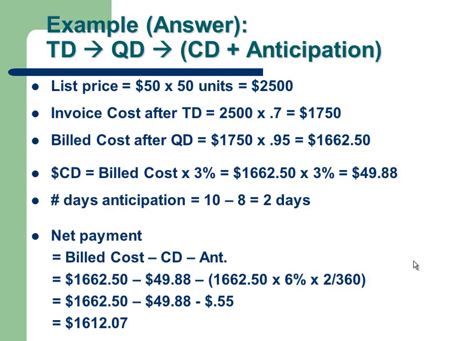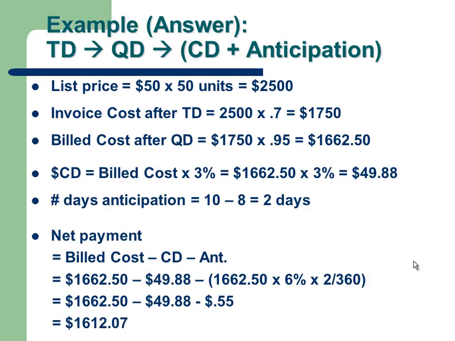So we use the interest rate of 6% times number of days anticipation was 2 days. Therefore, 2 divided by 360. So that parenthesized portion shown on this screen comes up to 55 cents. Okay, so that 55 cents will be your anticipation.